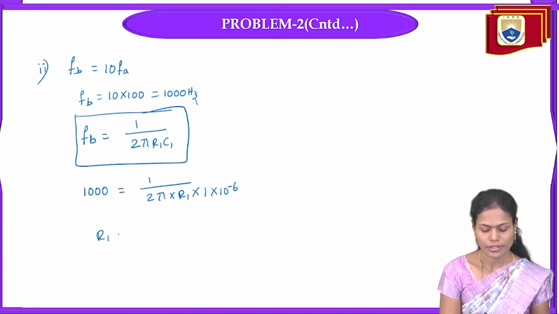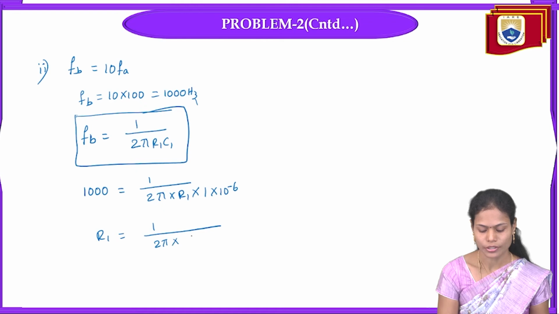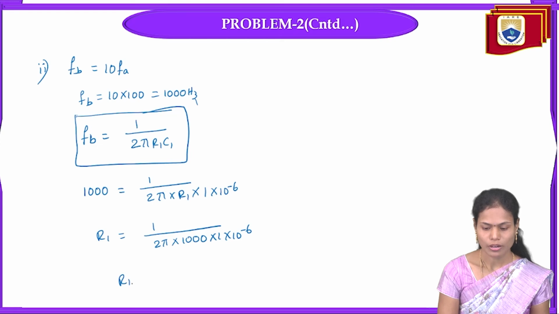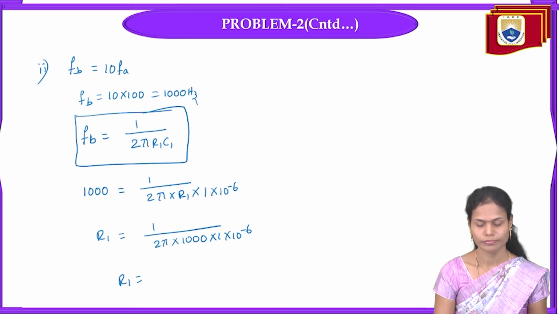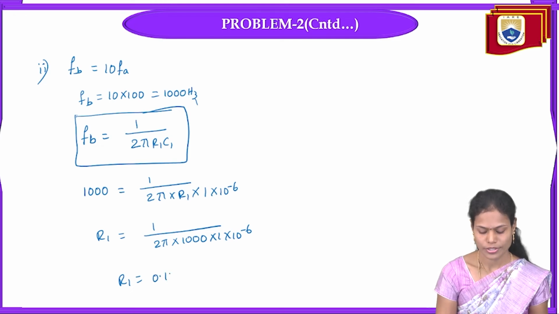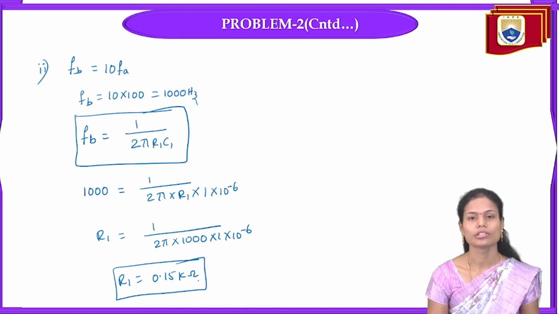So R1 is 1 by 2 pi into 1000 into 1 into 10 power minus 6. R1 we get as 0.15 kilo ohms.